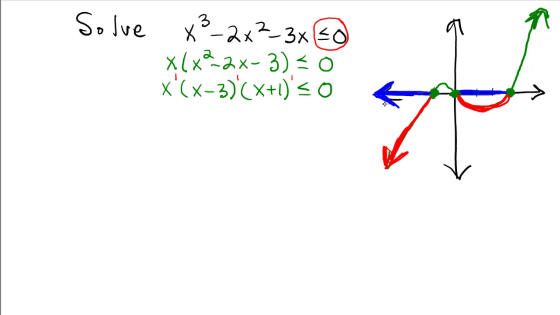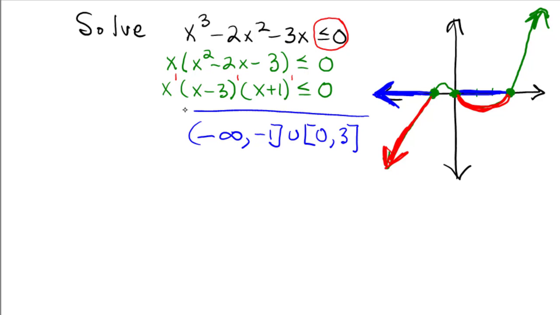So if I was going to answer those blue x values, that domain where the graph is below the x-axis, in interval notation, I would say it starts from negative infinity, and then it ends at the first 0, which occurred at negative 1, and then it starts up again at 0, and extends until you get up to 3. So this would be the answer in interval notation to the inequality of x cubed minus 2x squared minus 3x being less than or equal to 0.